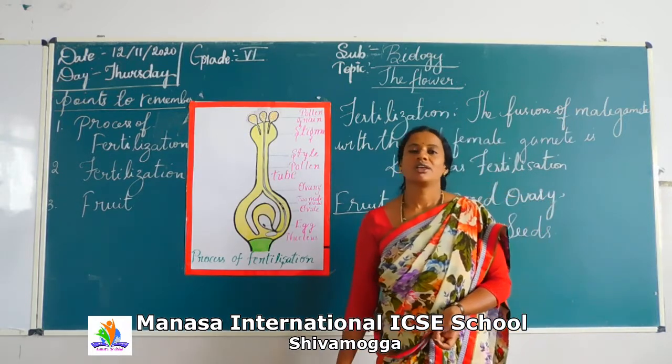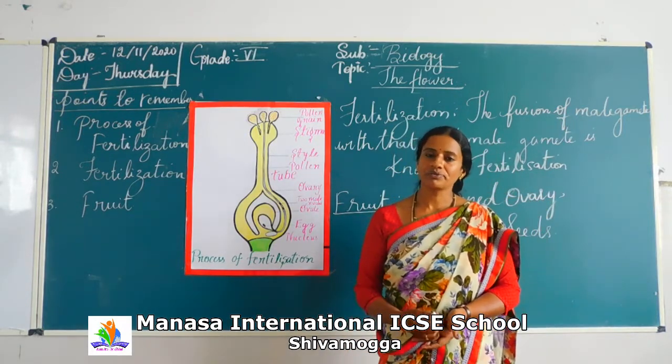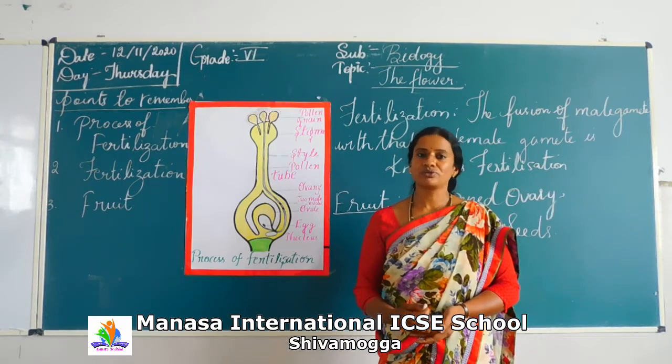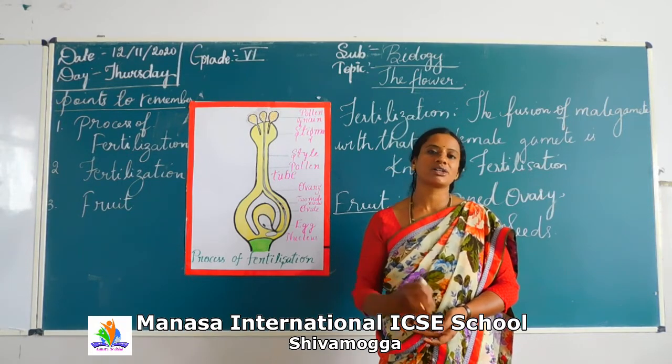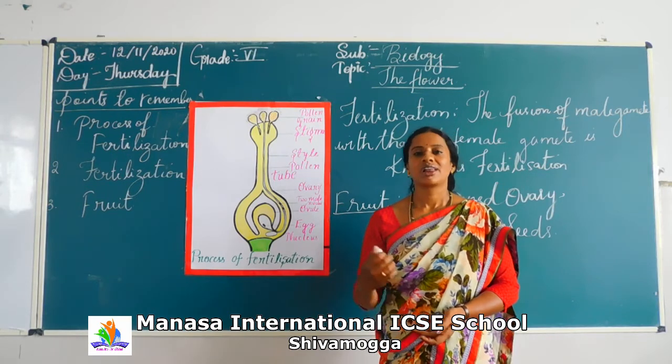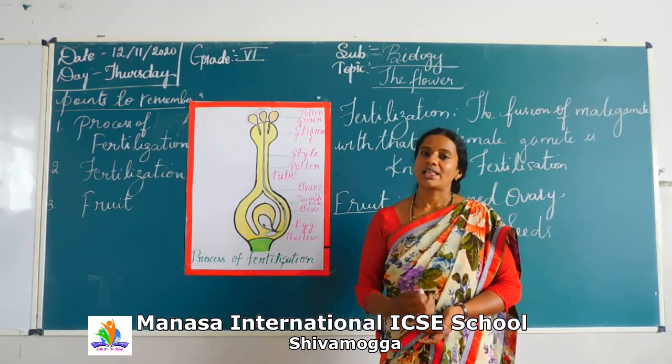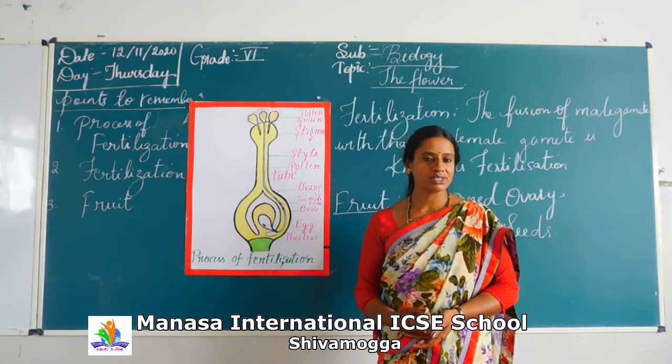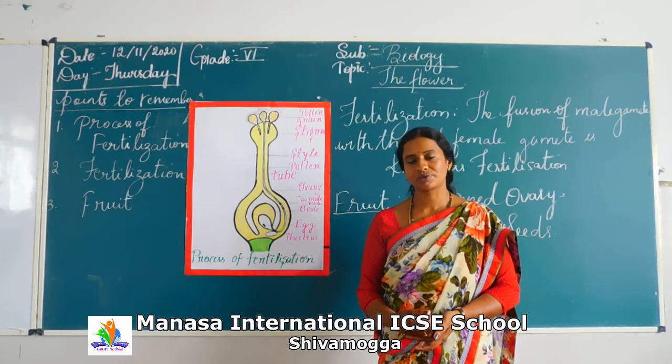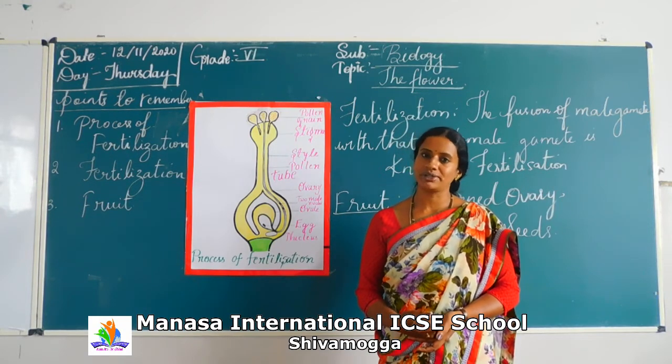Some fruits are developed from the ovary, and there are special fruits which develop from other parts of the flower, like the thalamus, and those fruits which develop from the thalamus are known as false fruits. And the example is apple.